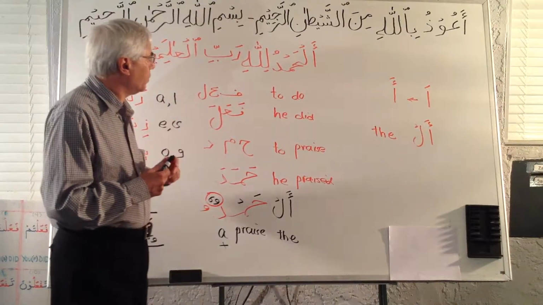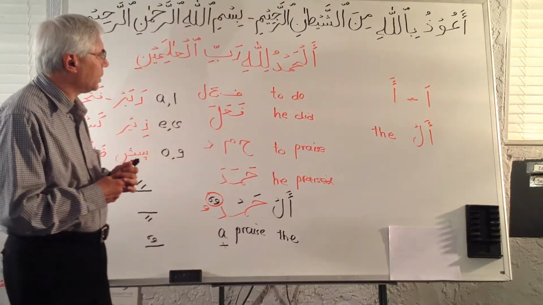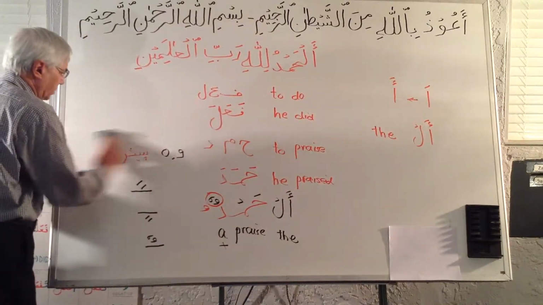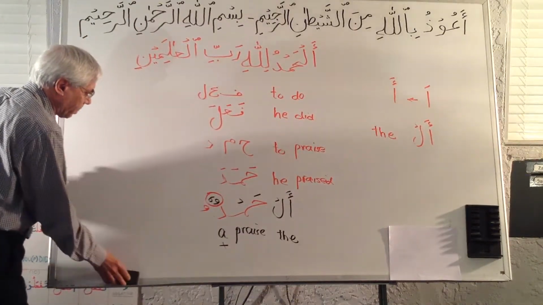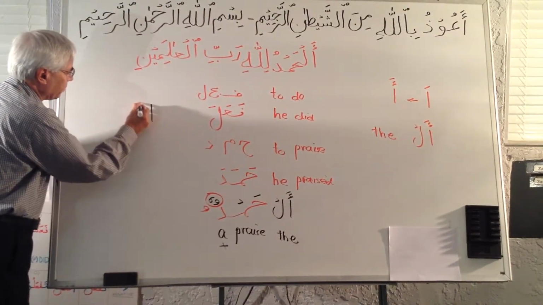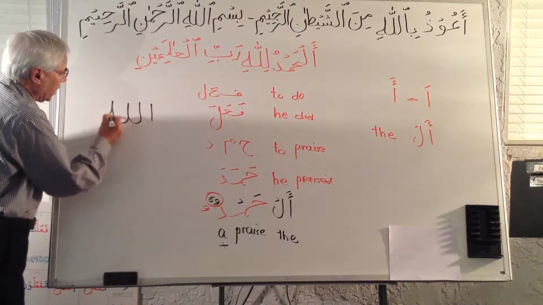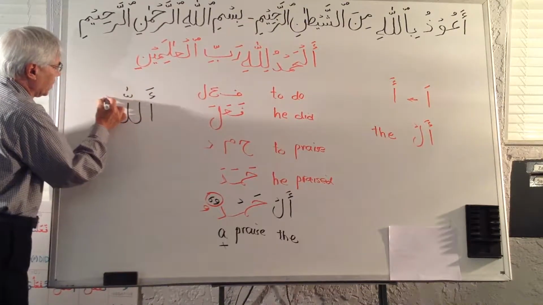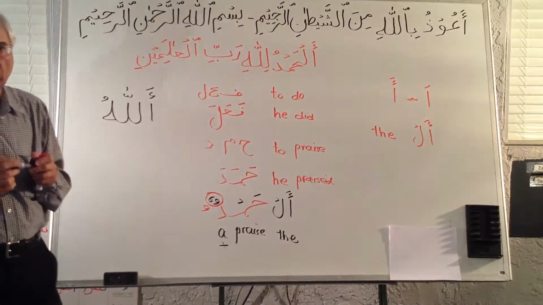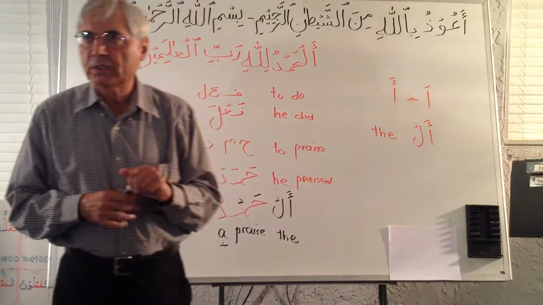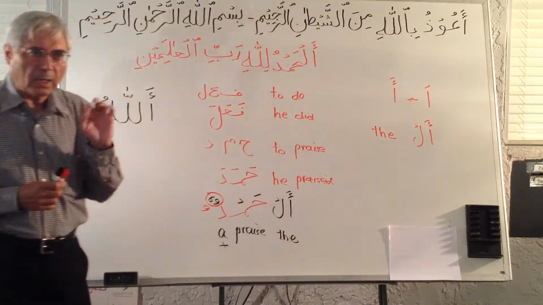Then we also learn one more thing, and we will be using that again today, that the original word is Allahu. This is the name of Allah subhanahu wa ta'ala. Okay? And the correct pronunciation of this is Allahu.